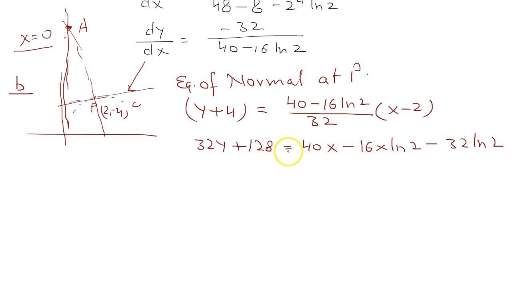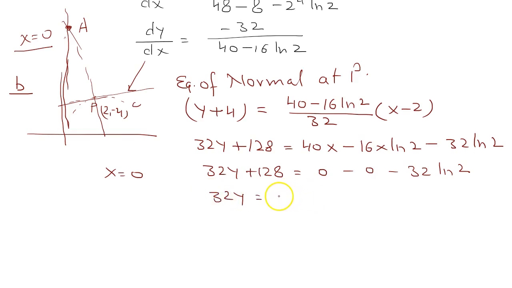We have to find the y coordinate. So for the y coordinate, x is 0. So put x is equal to 0. So 32y plus 128 is equal to 0 minus 0 minus 32 ln 2. So 32y is equal to minus 128 minus 32 ln 2.